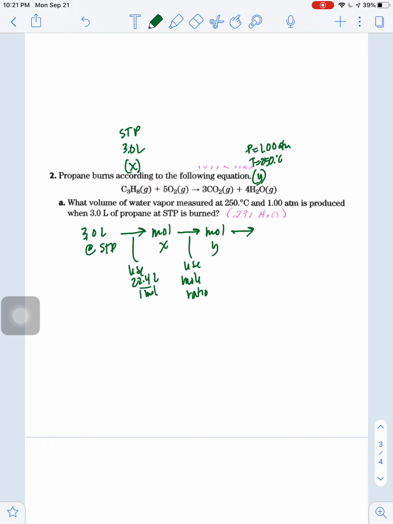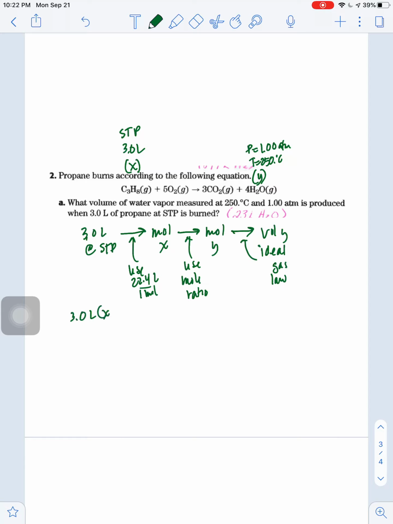And then the problem asks you for volume of Y, and you're not at STP at the end, so you're going to have to use the ideal gas law to get there at the end. Okay, so we need 3 steps. It's actually going to be 2 conversion factors and then the ideal gas law at the end.